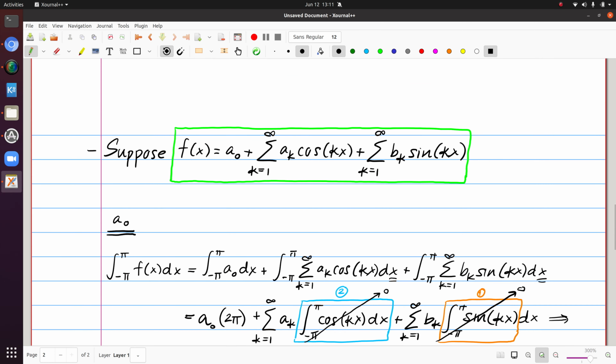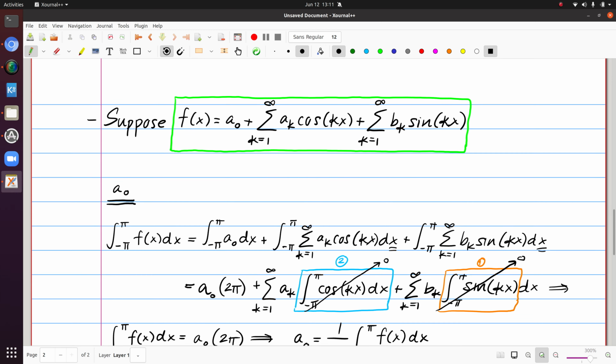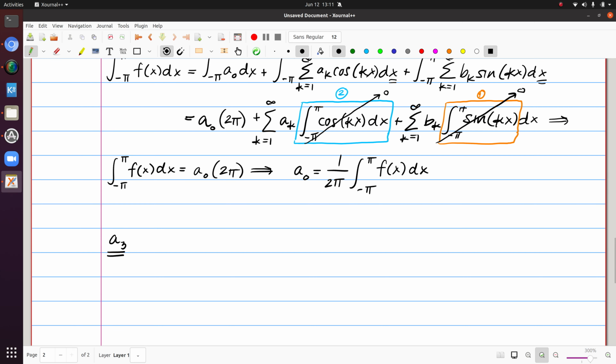So I'm going to go back to the original assumption of this green boxed equation. And what I'm going to do first here is multiply everything in this equation by the same thing, so it still holds equal. But what I'm going to multiply by is cosine of 3x.